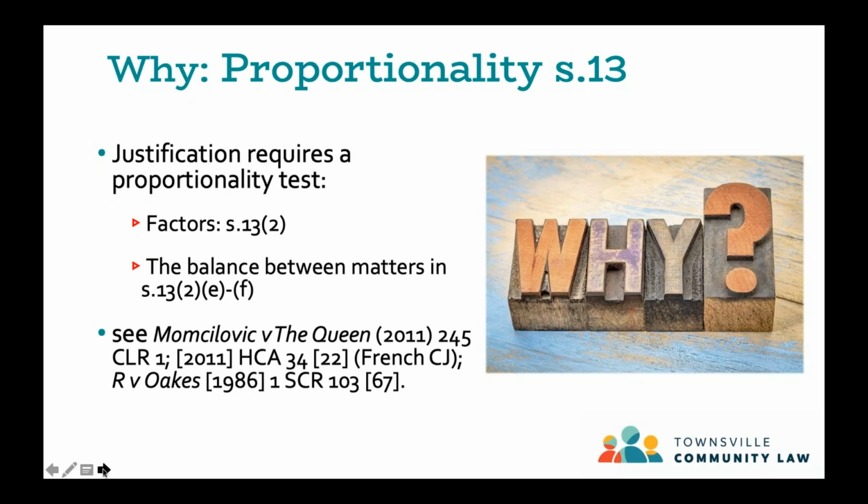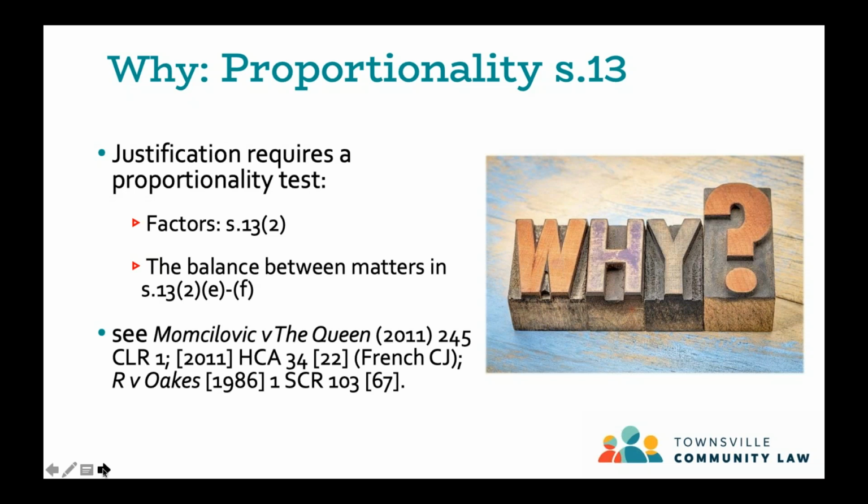The proportionality test at section 13 has a range of factors, and it is a balancing act. It's not a clearly or easily accessible balancing act, but there certainly is some detail there about how proportionality should be decided. Now, the two cases there I've listed are big, chunky, complex cases.